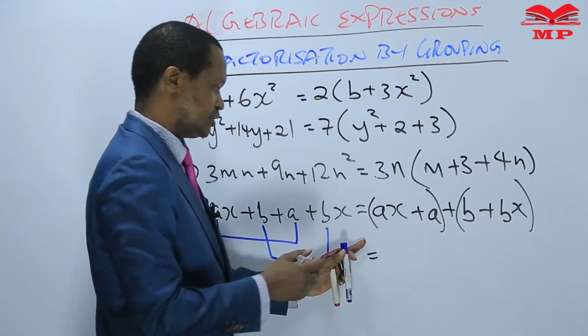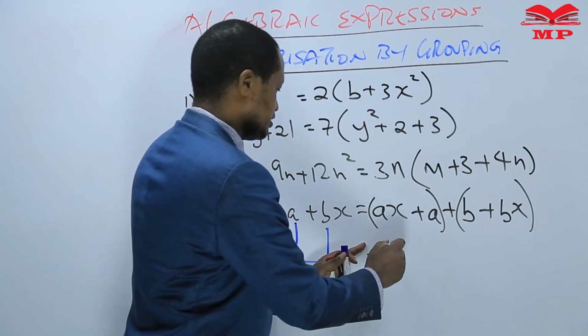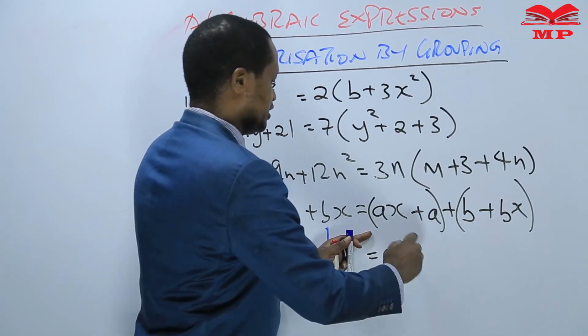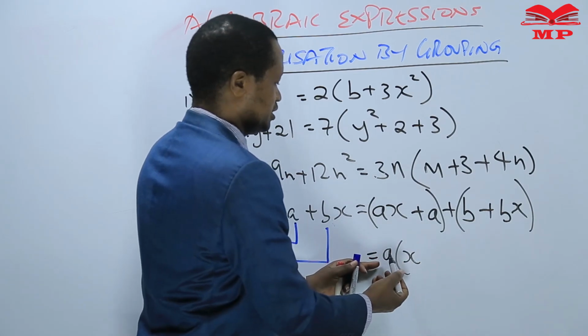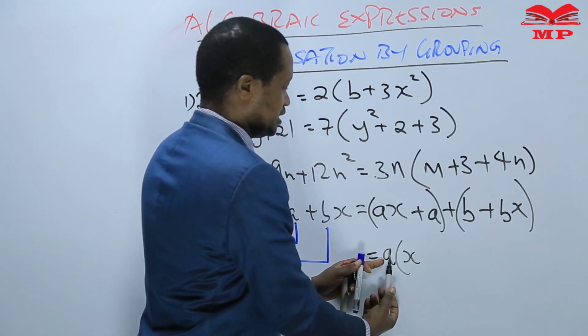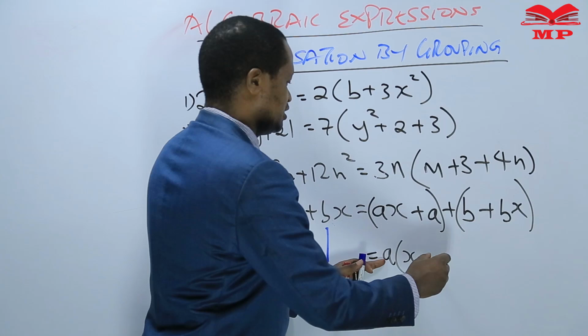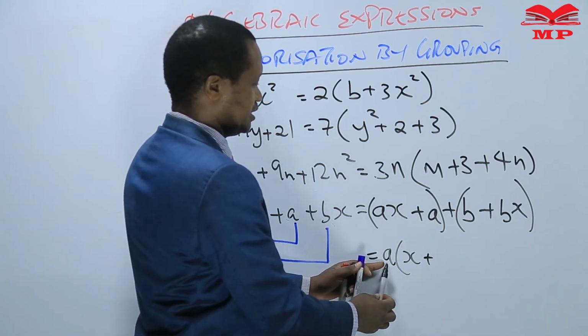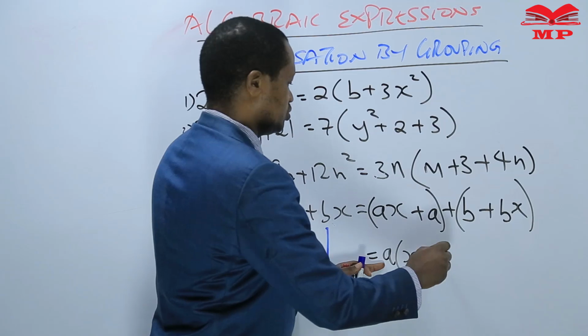And how do we do it? We have a common in these 2 terms. So we'll have x, because ax divided by a is x, plus a divided by a, which is equal to 1.